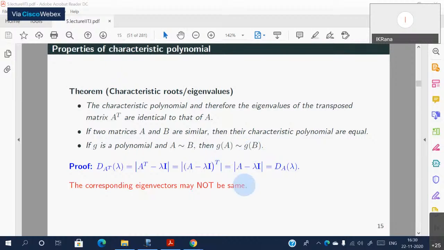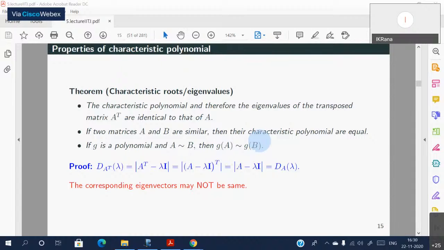This is similarity of matrices. If A is similar to B, then the polynomial expression in the matrix A is also similar to the polynomial expression in B. And once two things are similar, they will have the same characteristic polynomial and same roots, right?